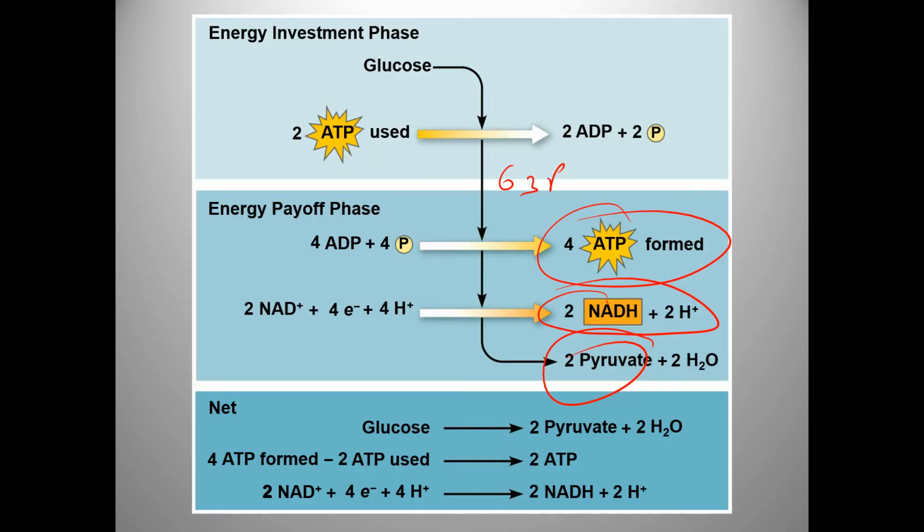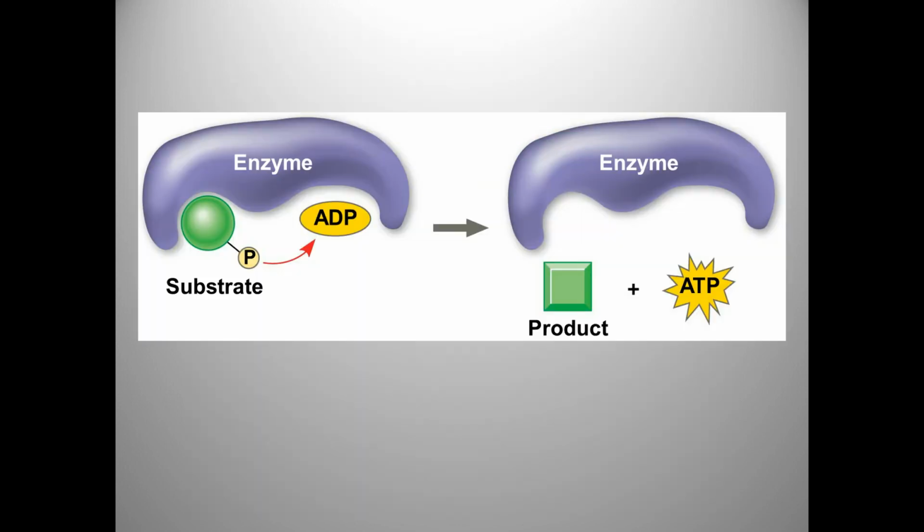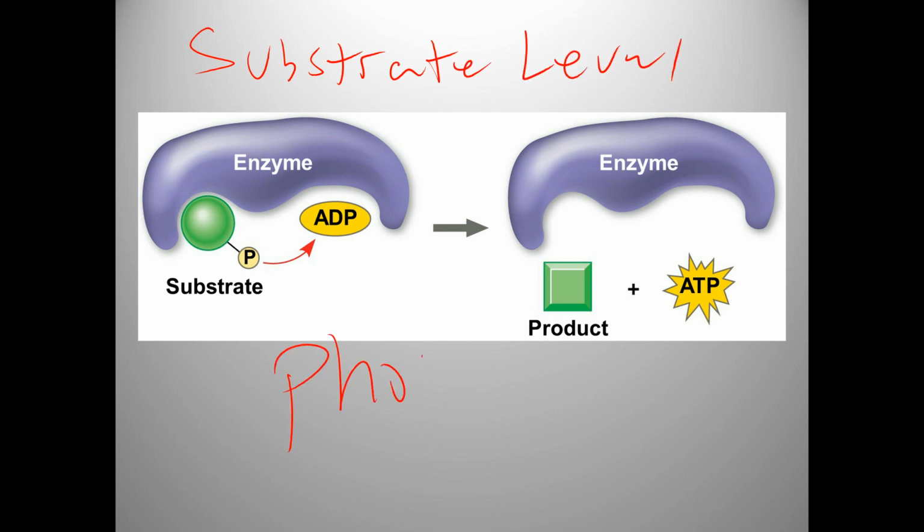Alright, so how exactly is ATP being generated in glycolysis? Well, to explain this, we have a process called substrate-level phosphorylation. So you have some enzyme, you have a substrate molecule with a phosphate group attached, and you have a molecule of ADP.